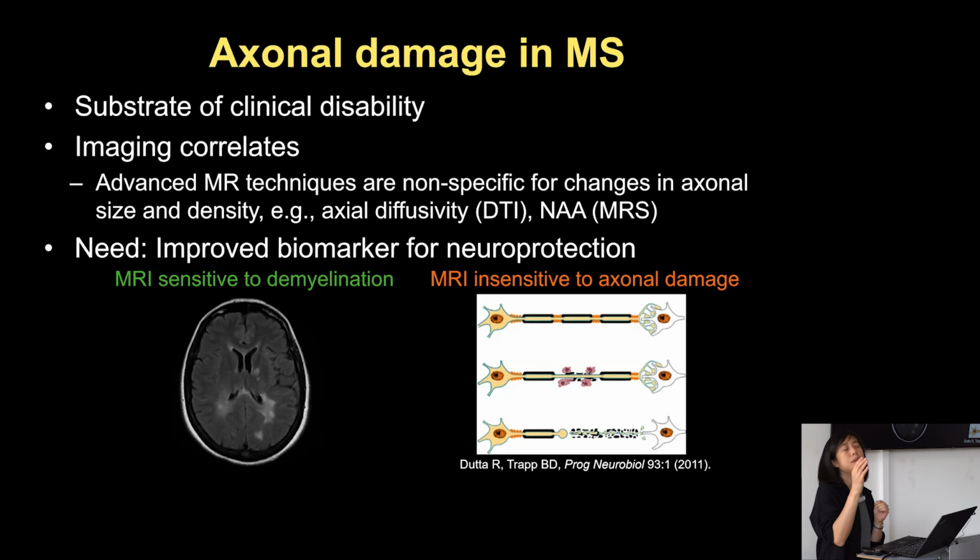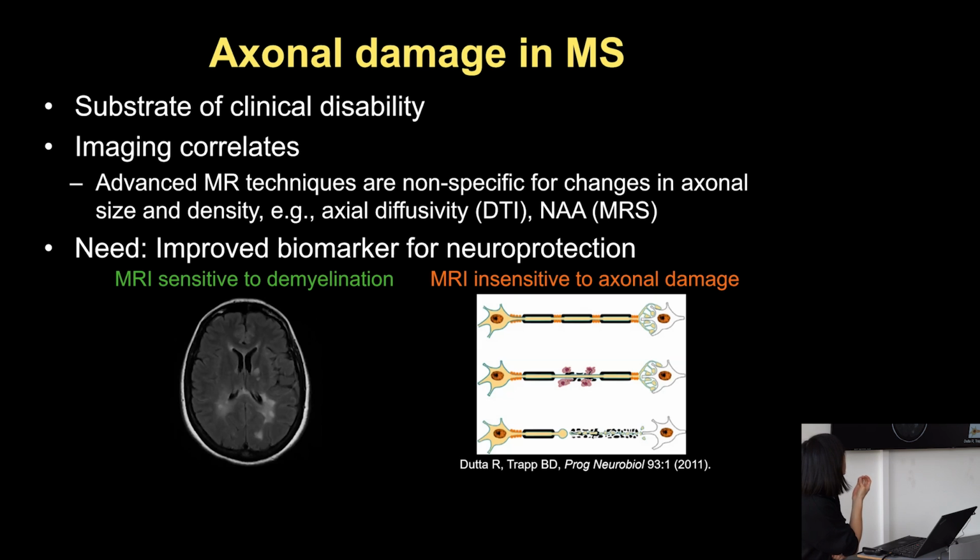It's believed that damage to the underlying axons by demyelination is the substrate for clinical disability that develops over decades of MS in many patients, sometimes even more quickly if it's a very aggressive disease course. We know that the imaging correlates that are currently available for MS are non-specific for changes in axonal structure.